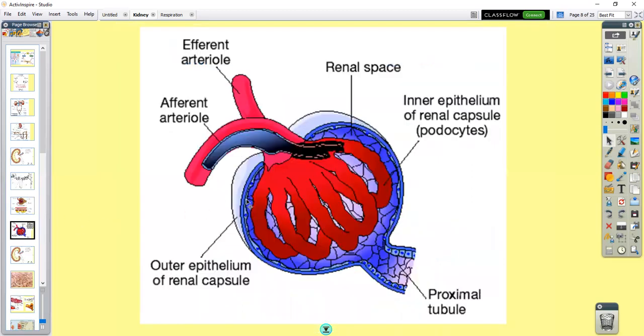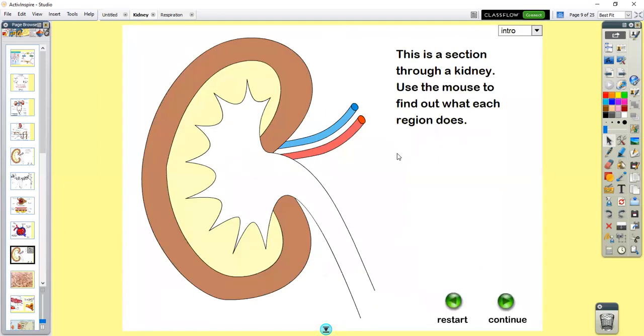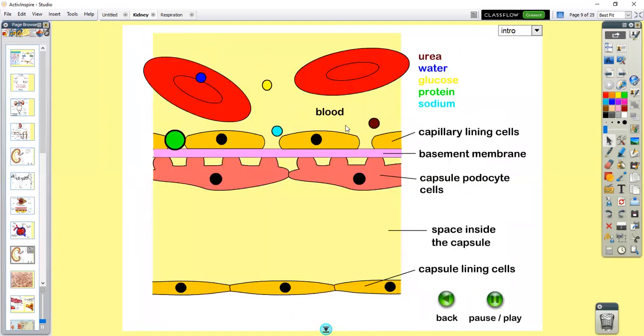Okay, another little diagram here you can see just showing that afferent arteriole leading in, highly folded here, long path to pass down, so the blood allows a lot of substances to pass into the Bowman's capsule. Okay, again here you can see the capsule, there's your blood vessel, there's your squamous epithelial cells, there is the basement membrane, these are the podocyte cells.